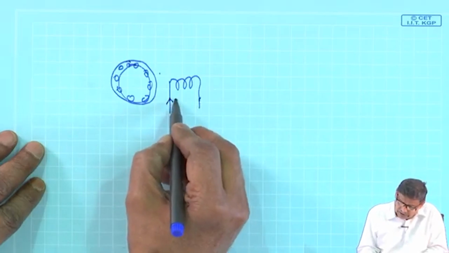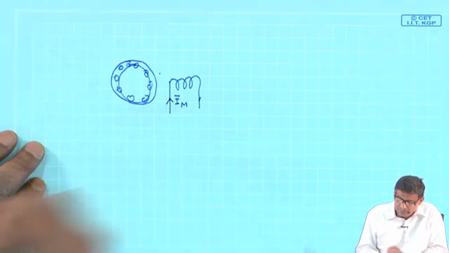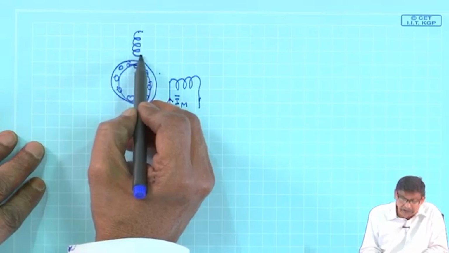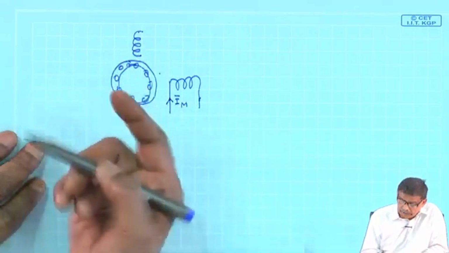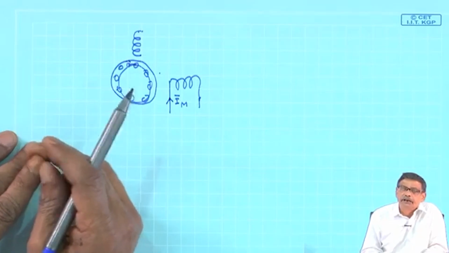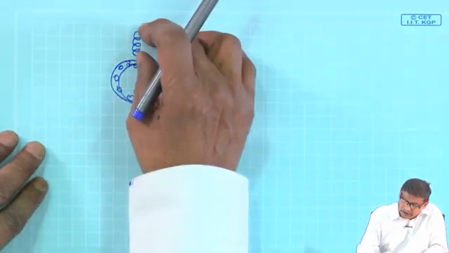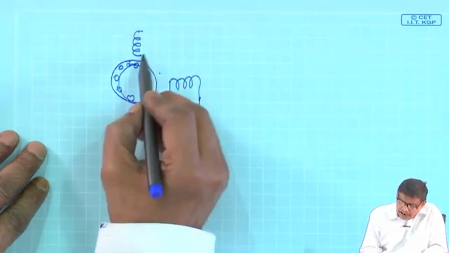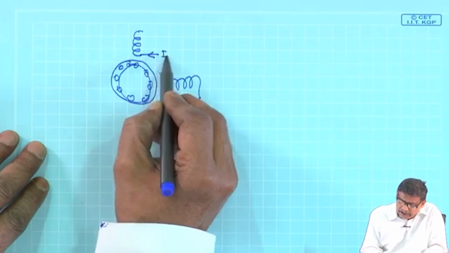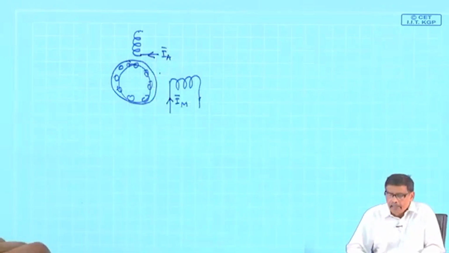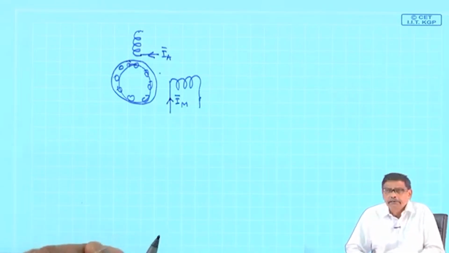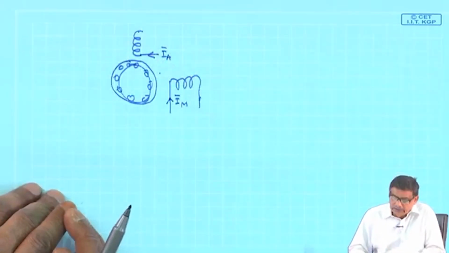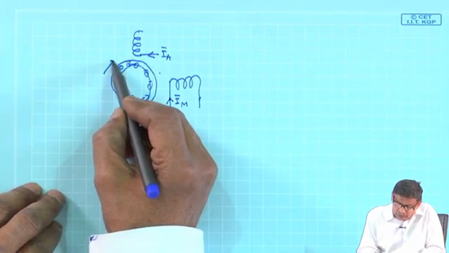Suppose it is drawing a current of I bar m, and there is an auxiliary winding which is physically present now. Forget about the analysis where I assumed I A is 0, not like that. I will also connect it to this supply. Suppose that connection I am not showing, and this current is I bar A, and I will examine with both the coils present whether this can produce a starting torque.